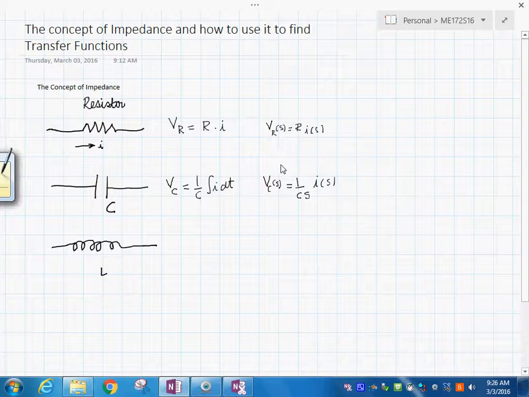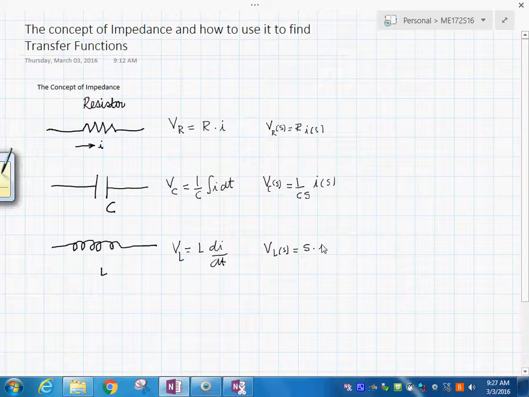If you look at the voltage across the inductor, then you would say that this is L times di dt over here. And then we can write that the voltage across the inductor in this case is L times S times I of S. Take a look in here.